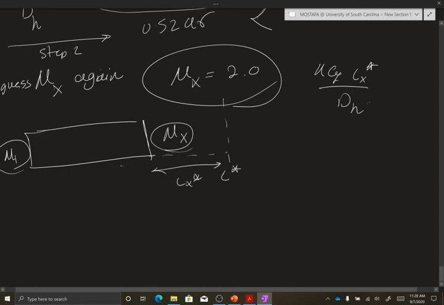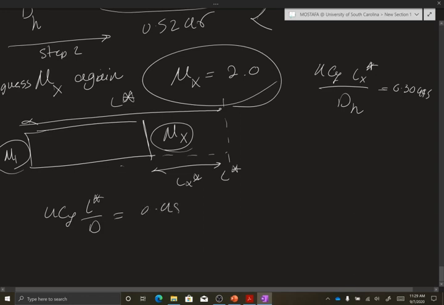This ratio is 0.03495, and we already have the length L star from the previous analysis. That's 4CF L star over D. That ratio is 0.45253.